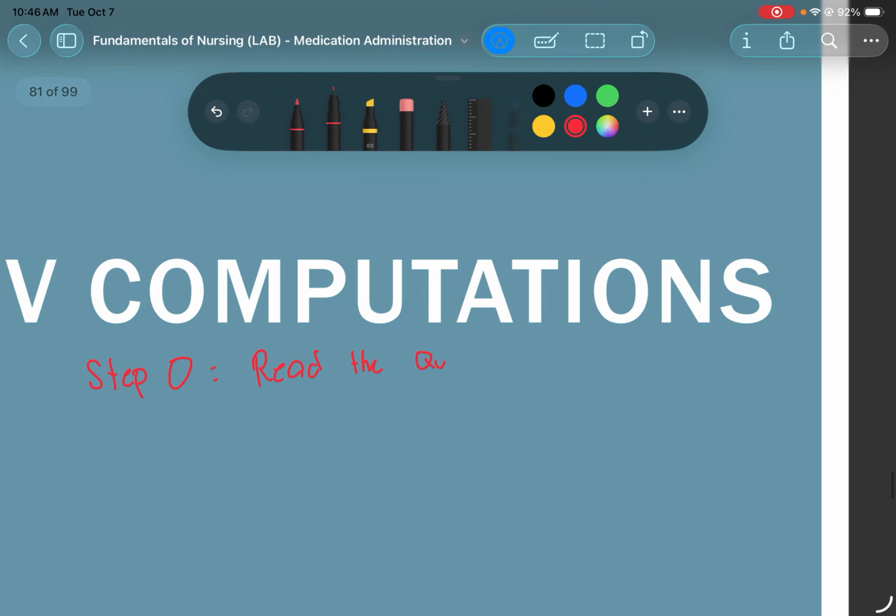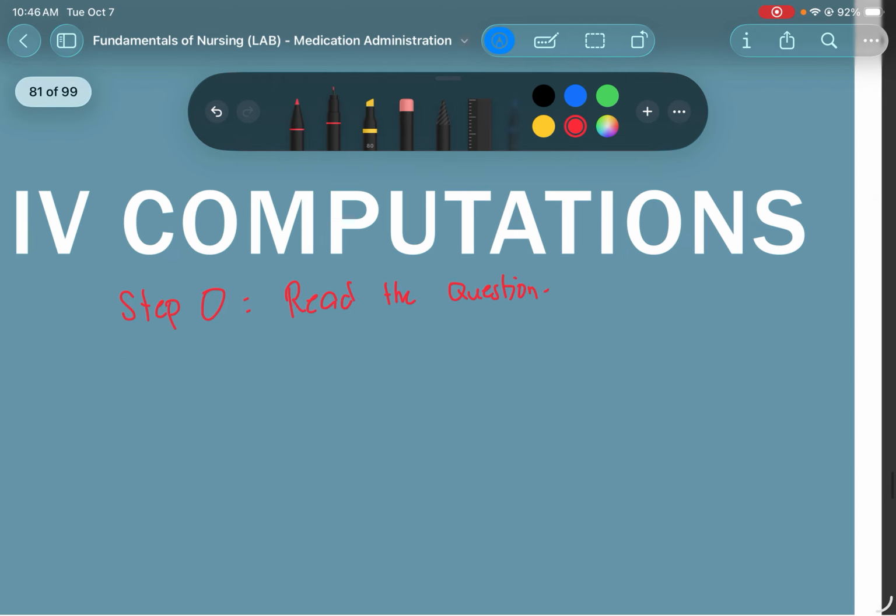Read the question. This will allow us to know what we are looking for, and I want you to read the question properly. As I mentioned before, drug computation and IV computation is not really a math problem. It's more so an English comprehension problem, because you need to understand the question first before you can tackle the question.